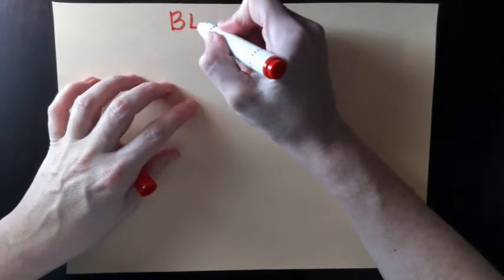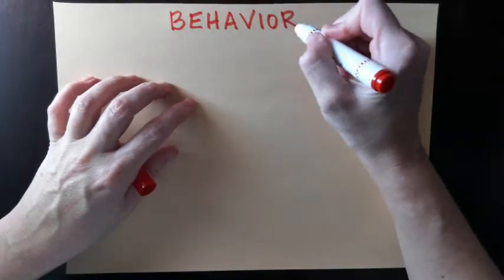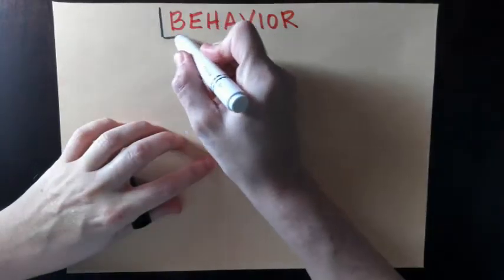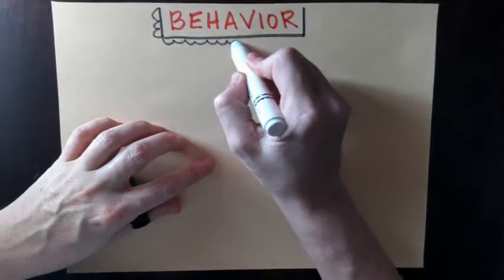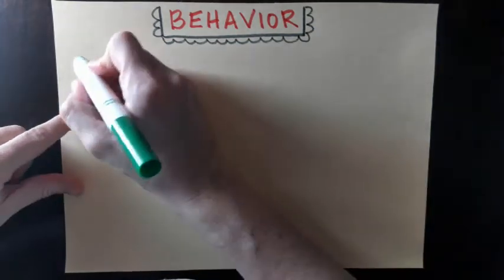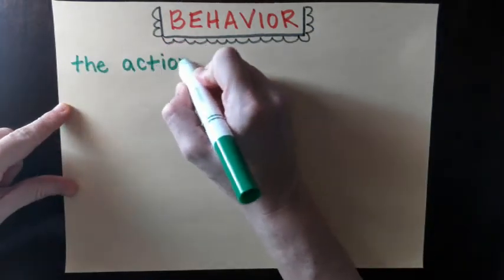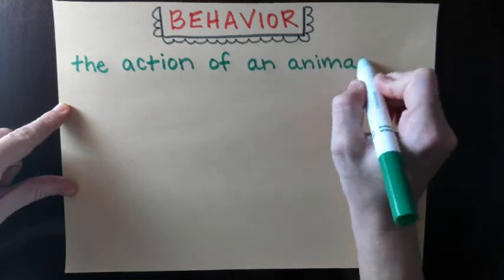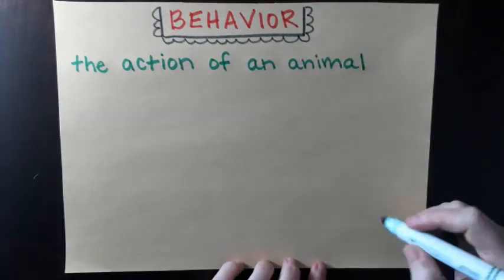When we talk about animal behaviors, that just means that an animal is doing some sort of action. So we have to ask, what is that animal doing and why is it doing it? What's the purpose of that animal doing the action?